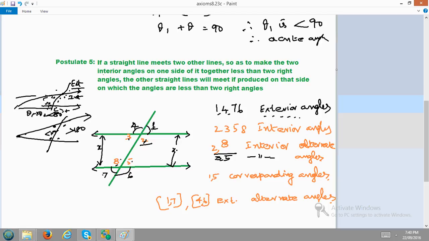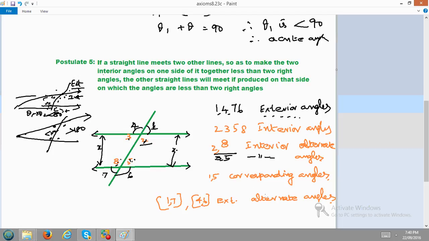Next, 1 and 5 are called corresponding angles. Similarly, 4 and 8 are corresponding angles, and 7 and 3 are also corresponding angles.